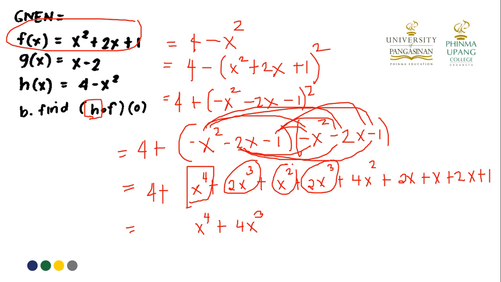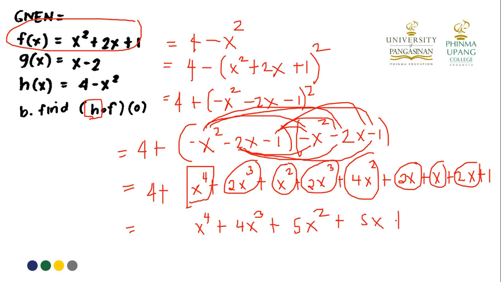Next is x squared, 5x squared. Next is 2x, plus 4x. 2x. There's more. Three. 5x. Plus 5. Plus 1. Okay.